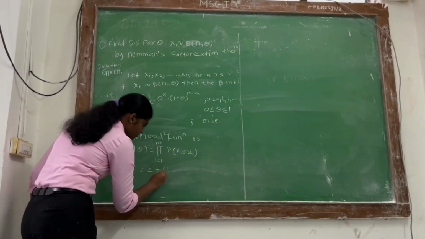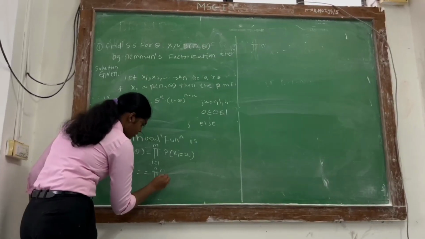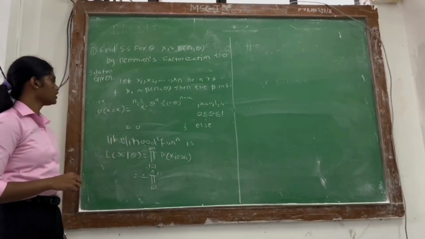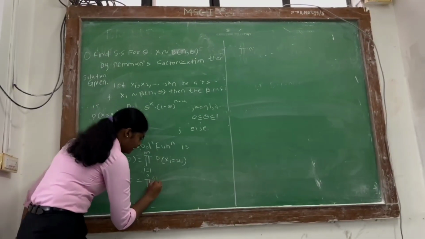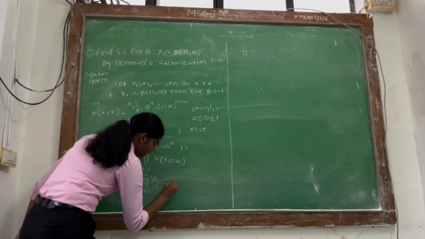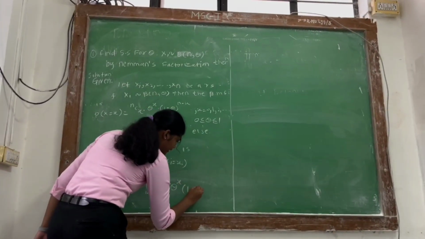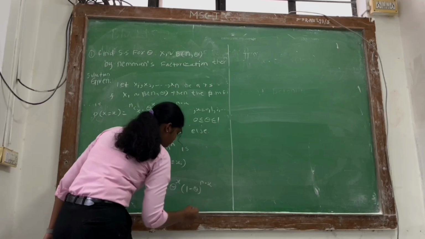Here the PMF of the binomial distribution is nCx theta raised to x, 1 minus theta raised to n minus x.